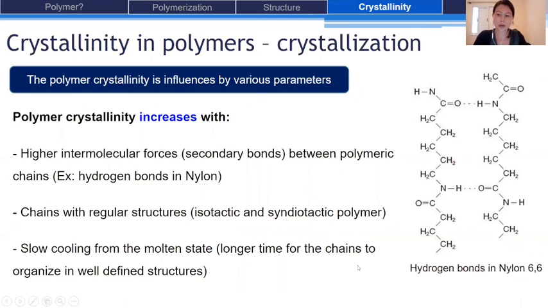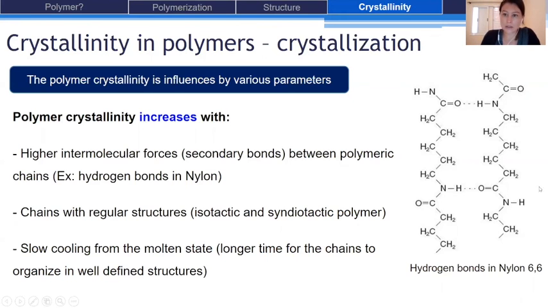Okay, so we described the crystals in semi-crystalline polymers. But you should know that the polymer crystallinity is influenced by various parameters that we described before when we talked about the polymer structure. So, for example, if we have a polymer with a chemical structure that favors intermolecular forces between two chains, the formation of crystals will be facilitated.